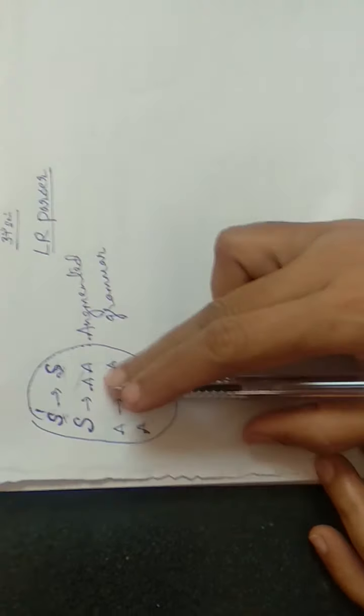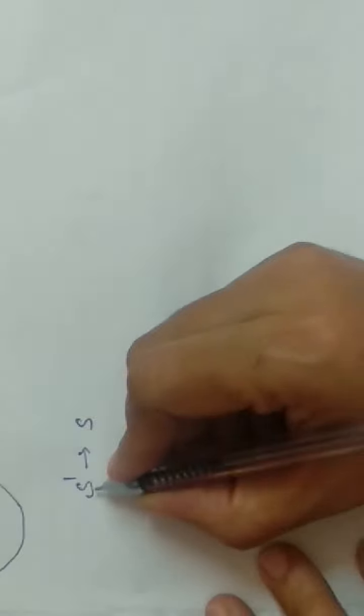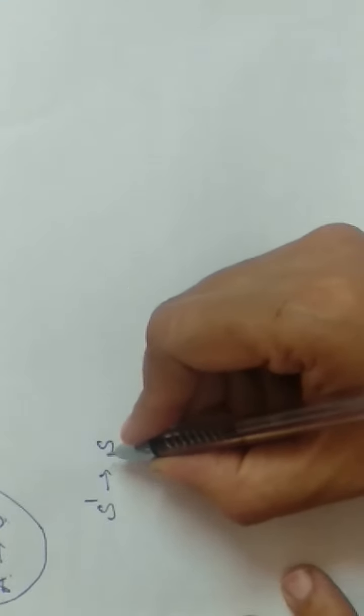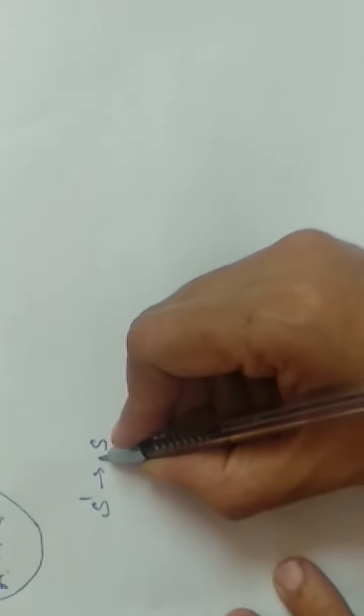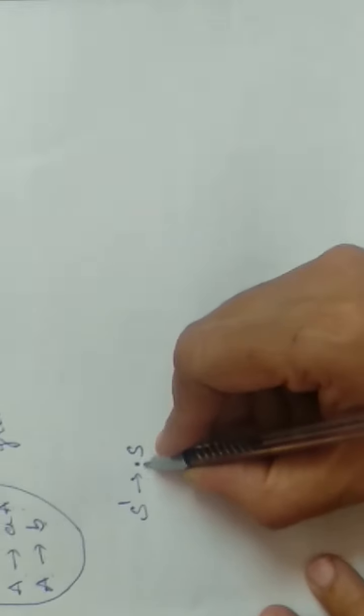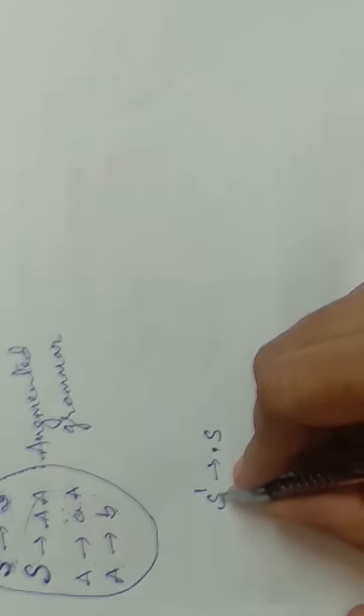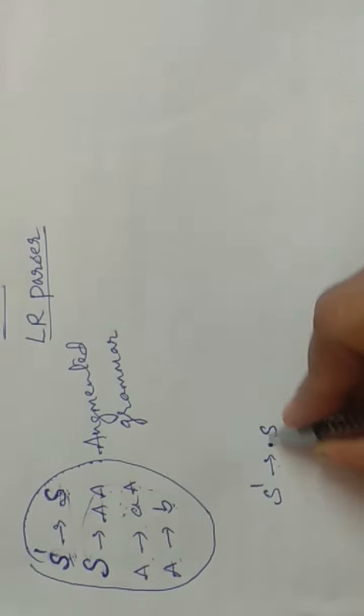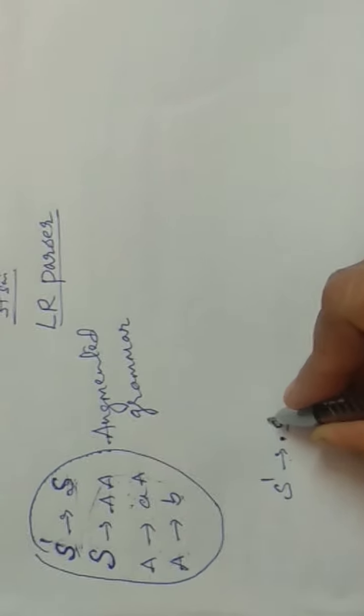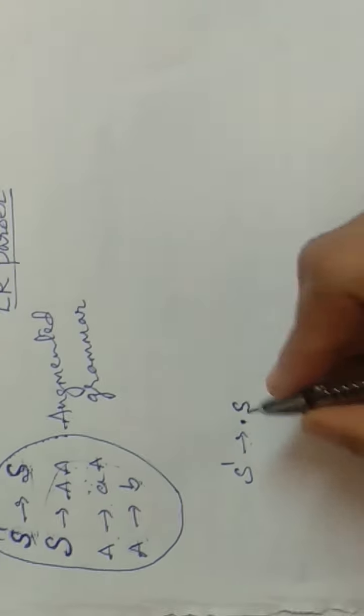So let me rewrite this grammar once again: S dash implies S. Now, in order to convert this production into an item, I am just going to introduce a dot in the right side body of the production: S dash implies dot S. When I write a dot in front of any symbol, that symbol can be a variable or a terminal.